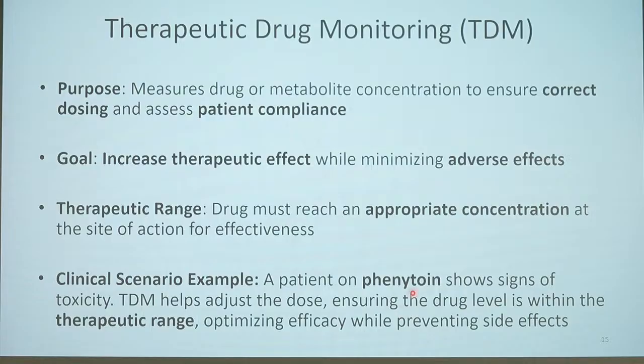So, we monitor drugs therapeutically in order to keep the blood concentration of a drug within a therapeutic range that has been tested in probably thousands to hundreds of thousands of patients and is shown to be efficacious and have reduced toxic effects. And so phenytoin is talked about a lot throughout this lecture.